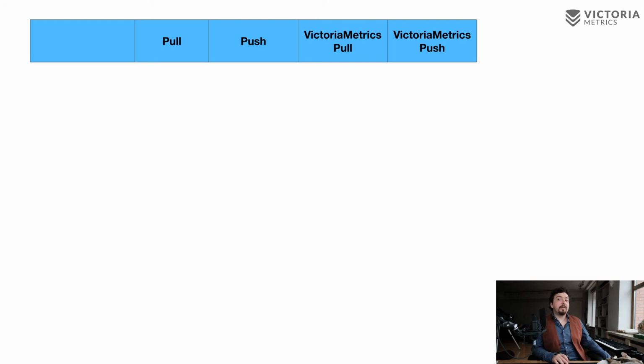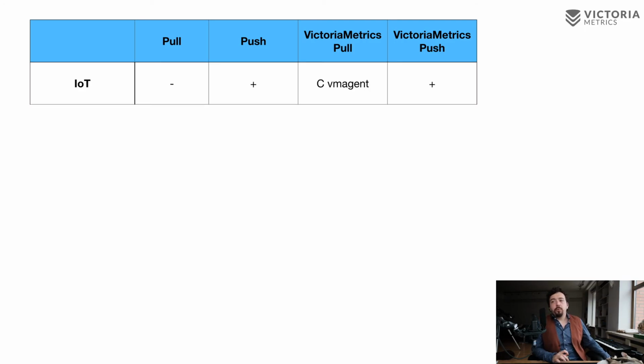So let's talk about when something works and when it doesn't. Pull doesn't work if you have infrastructure things or any similar setup. If you have Spark jobs, or Lambda jobs, or a huge number of nodes in your data center with the same services, it's really hard to make pull work there.